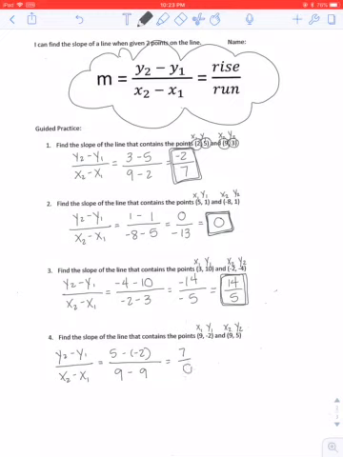Anytime 0 is our run value, we know that our slope is going to be undefined because we cannot divide a value by 0. So our slope is undefined, and that is how we use this formula to find the slope when we are only given 2 points on the line and no graph.